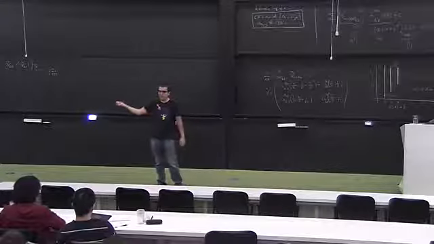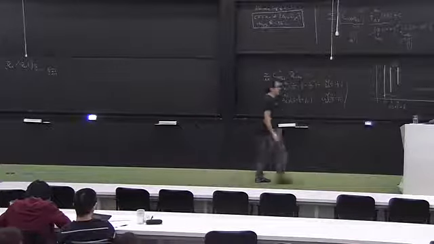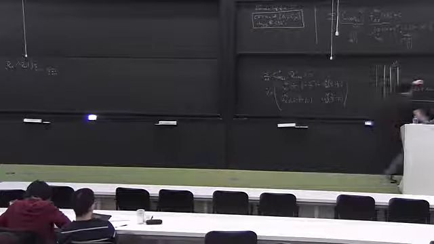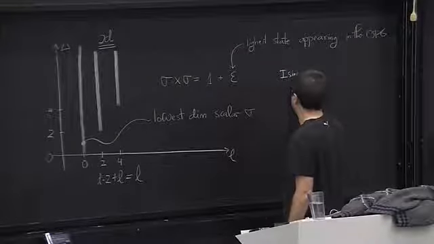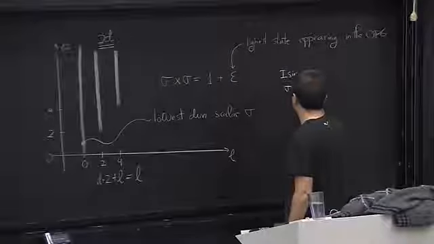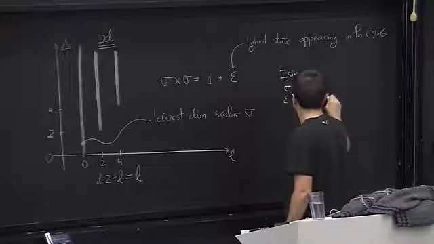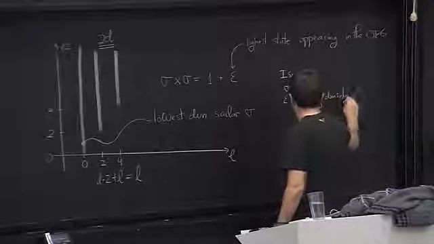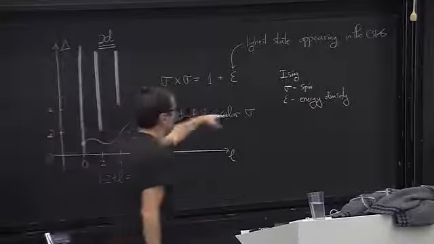You cannot get parity odd on the right-hand side. So for theories that have Z2 symmetry, for example, this epsilon cannot be sigma. So for example, for the Ising model, sigma is the spin operator, and epsilon is the energy density. It cannot be the spin, because the spin is Z2 odd, and the energy is Z2 even.